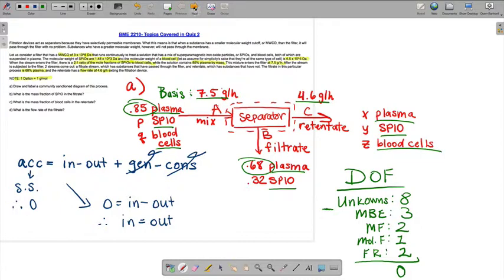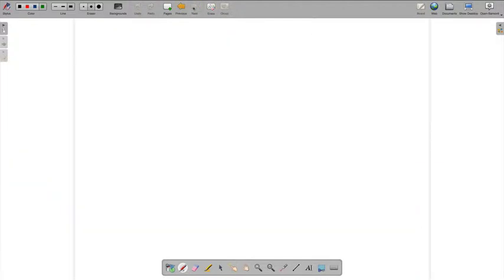So let's write our mass balance equations. We have 3 different things that we're looking at.